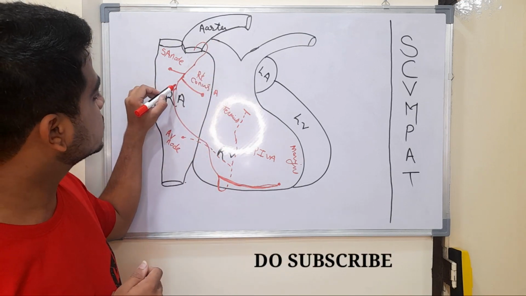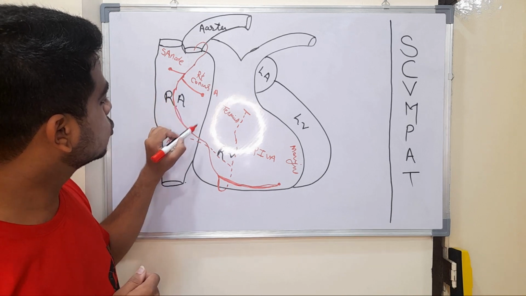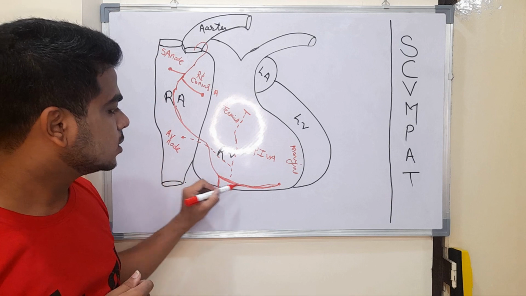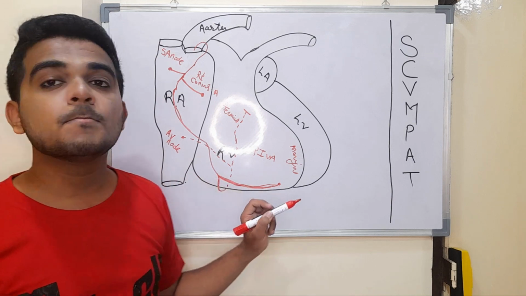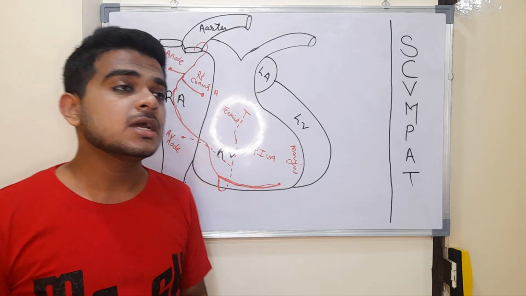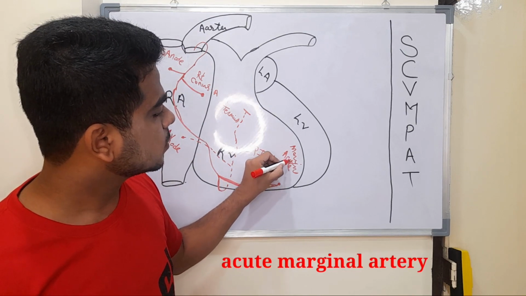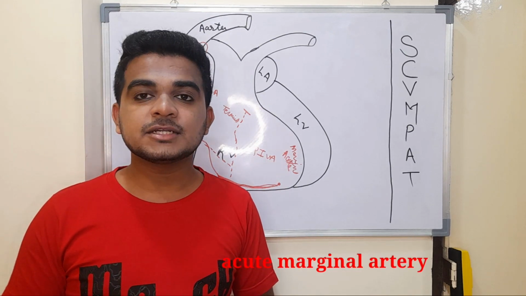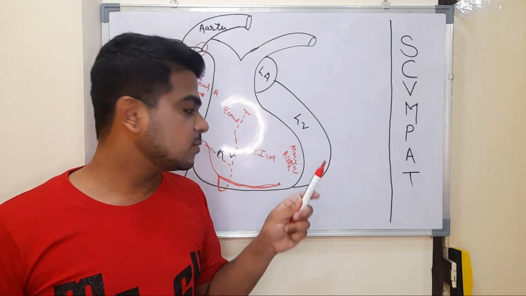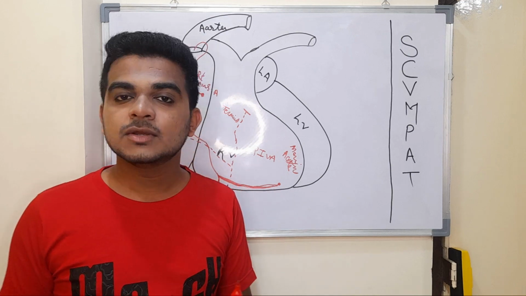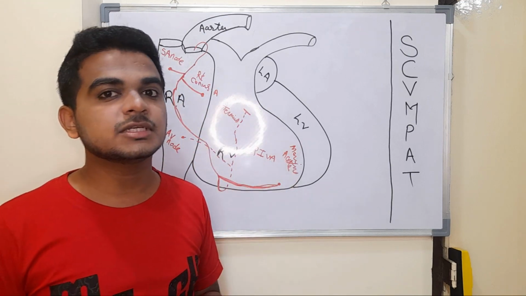Then it continues downward through the atrioventricular groove and gives one branch here, called the marginal artery. Students, the marginal artery is also known as the acute marginal artery. It is also the second name of the marginal artery or right marginal artery, because it is a branch of the right coronary artery.